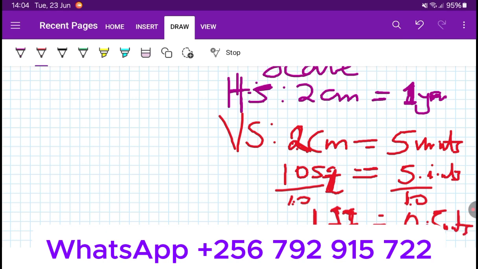Now what is the implication? The interpretation of this is that in that one small square, because the reason why we are dividing this is the fact that we may get values we may not get.